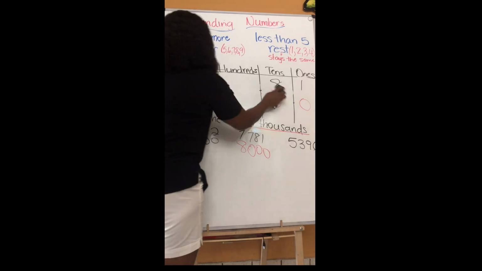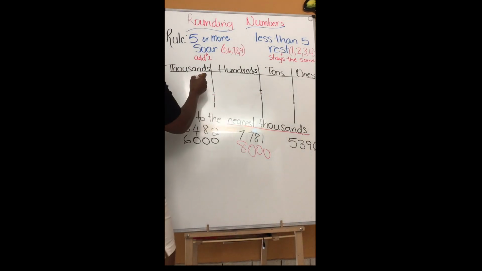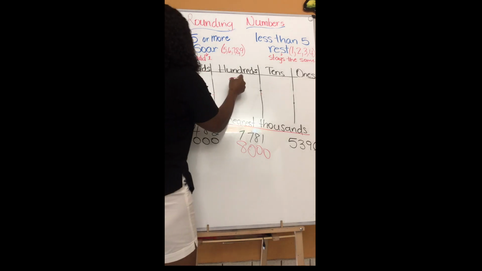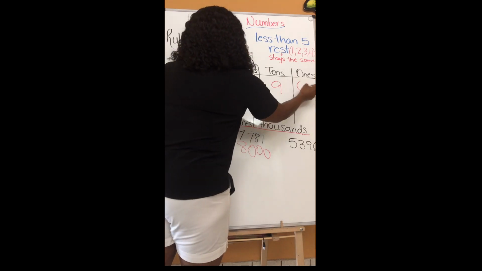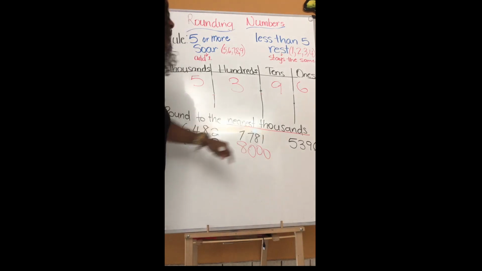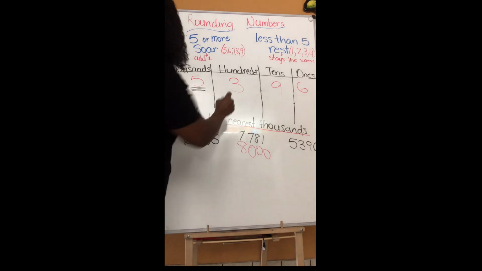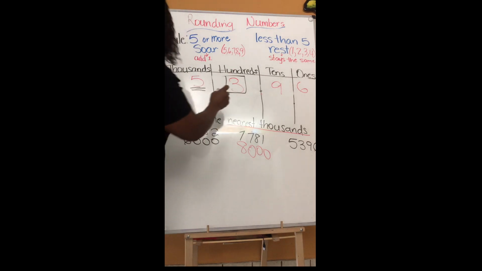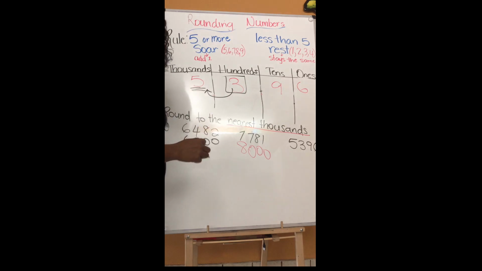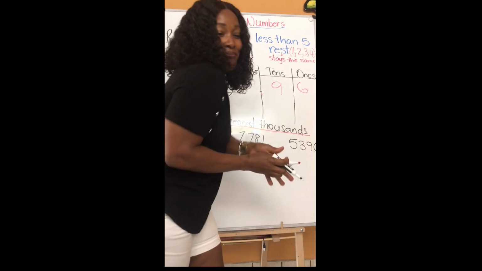All right. Last one, and that's on you. So pause the video. 5,396. Pause it and come back. All right. Again, nearest thousand. So we are underlining the 5. Box the bossy neighbor. The boss will tell the 5 what to do. Did you do that? If you did, let's dance.